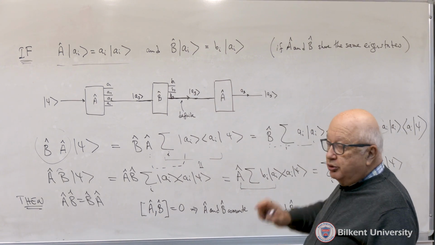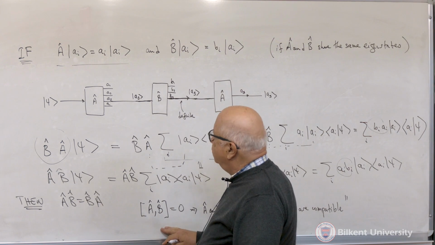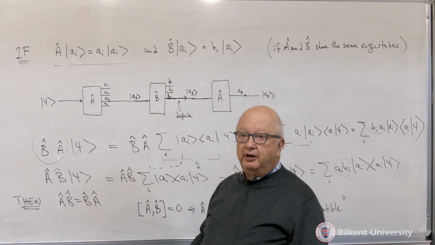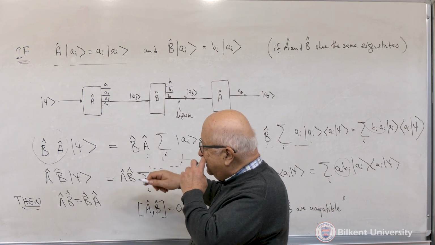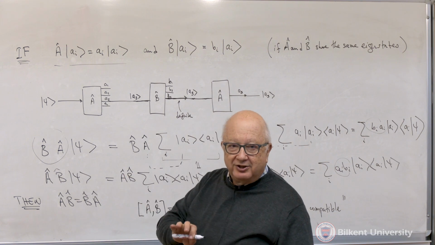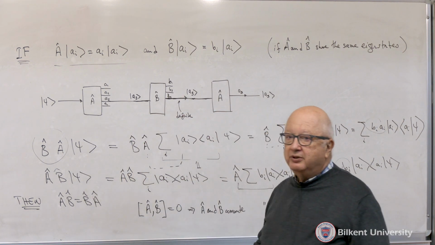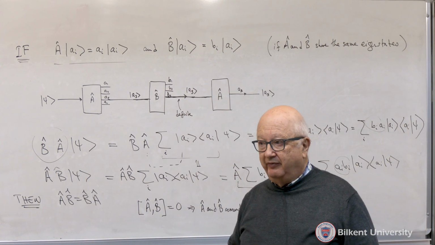The reverse is also true. So if A and B commute, then they share the same sets of eigenvectors. The proof of that is a little bit more lengthy, but I'll leave that as an exercise to the class.